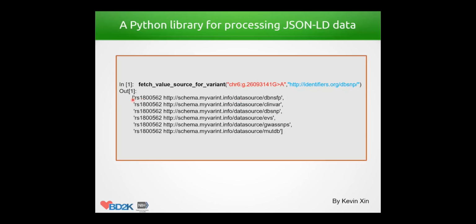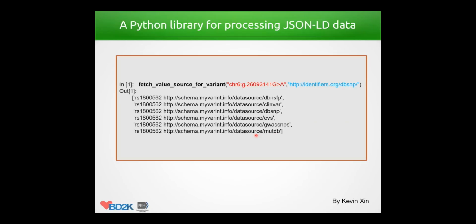Then it will gather the variant object from MyVariant.info and list all the RSIDs provided by MyVariant.info for this particular variant. For example, this is all the RSIDs from dbSNP, from ClinVar, from EVS, GVAR-SNP, and MutDB.